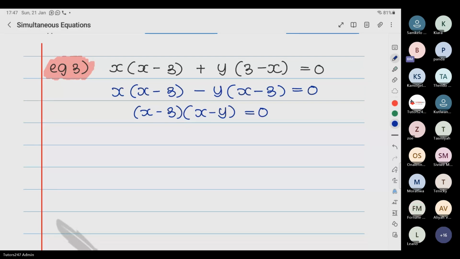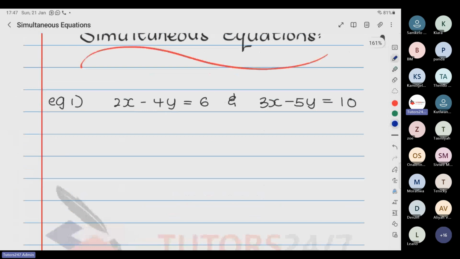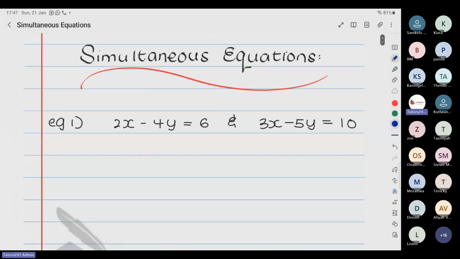Sir, I see that you're on example 3, and it seems like I missed example 1. Oh, I didn't do example 1. At the beginning of the class, I said that some of them are quite similar, and we only have an hour together, so we won't be able to do all 20 questions.